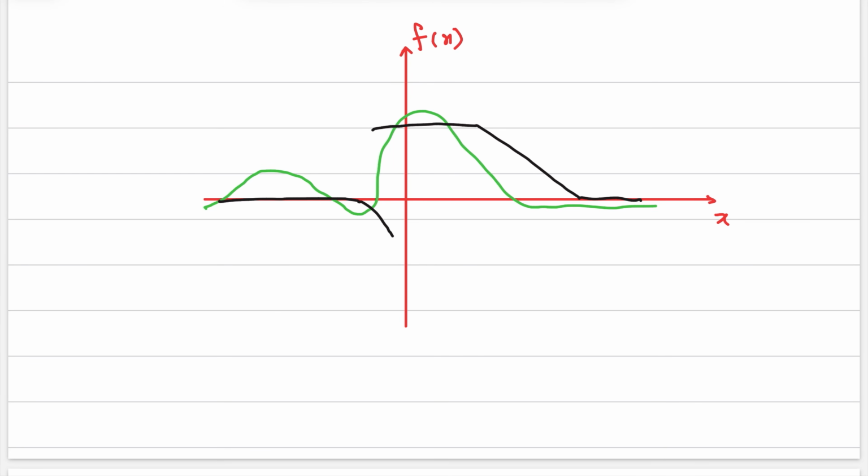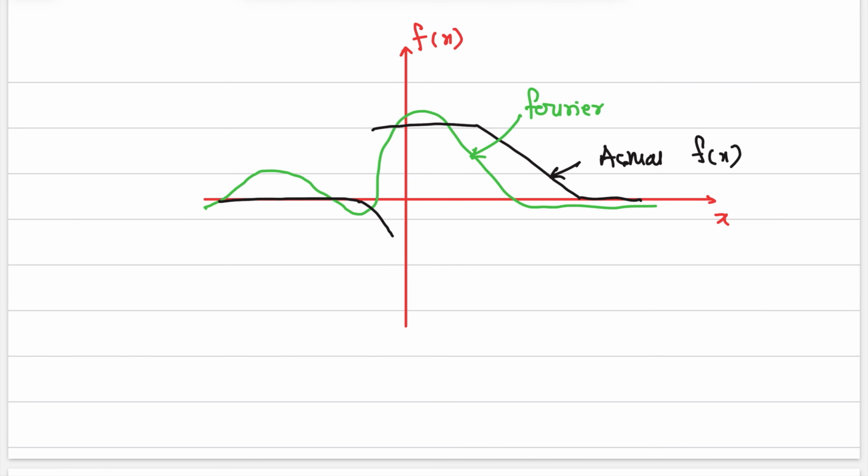Now, this is the Fourier series curve. You can see the video animation and make it very easy, and this is the actual function x.